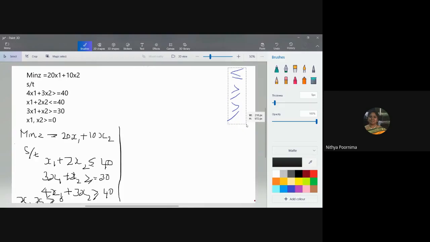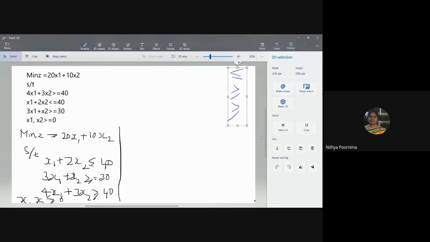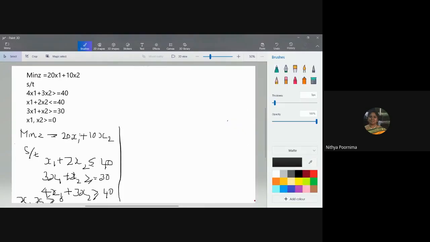Okay. Now can you convert the inequalities to equalities and can you find the coordinates for equation 1, equation 2 and equation 3? This is 1, this is 2, this is 3. For the equation, what are the coordinates?